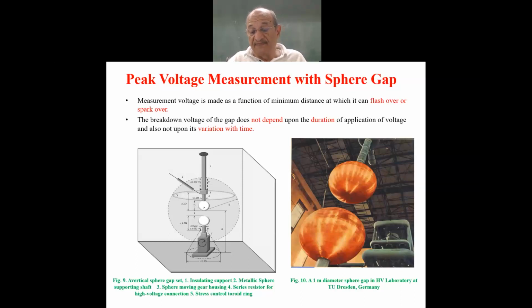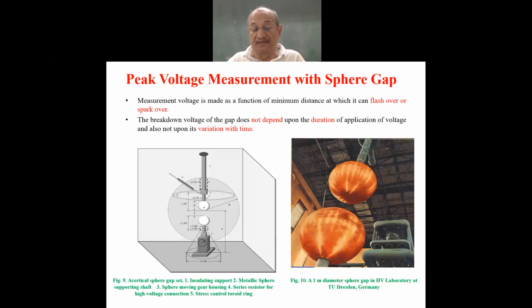We also learned that consistently, for a given gap distance and for given dimensions of the sphere, you measure breakdown with a given voltage. For that voltage, it will work out to be the same every time.